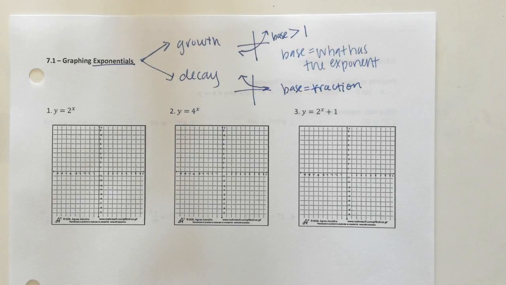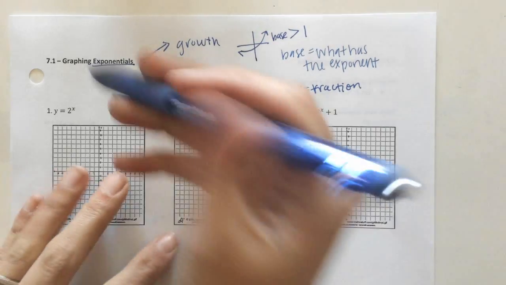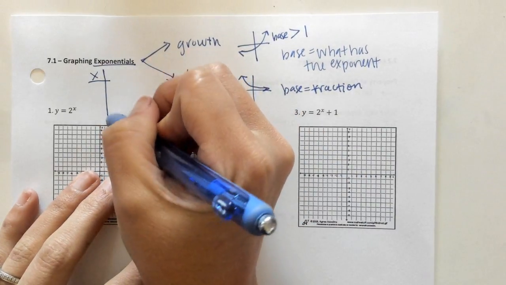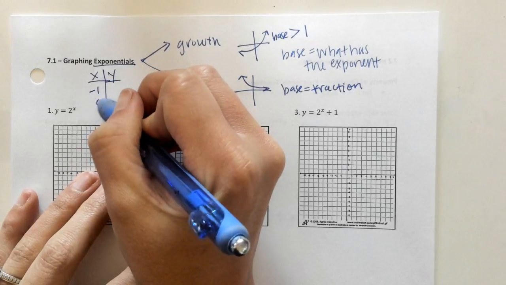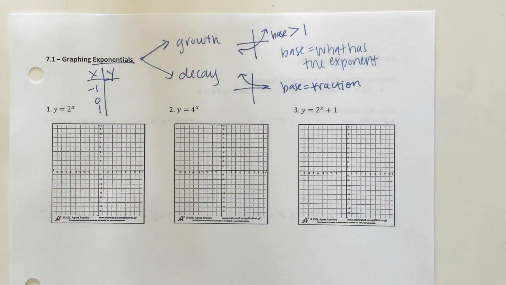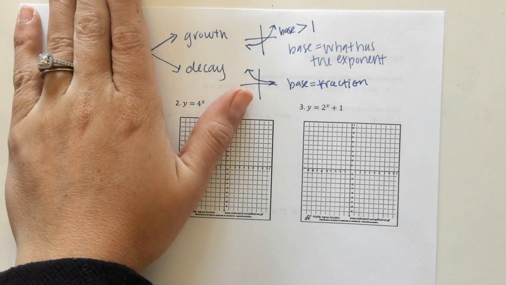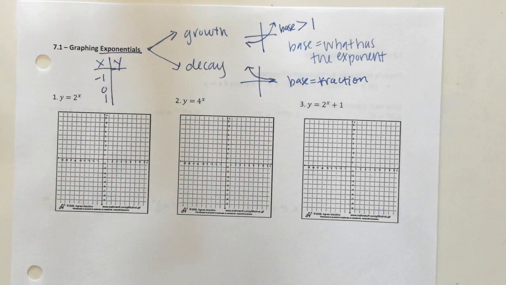Now, to graph exponentials, all you need is 3 points, and they're the exact same every single time. So you don't need a graphing calculator. You don't have to calculate anything. It's the exact same 3 every single time. And here they are. Your x values will always be -1, 0, 1. What are your x values always going to be? -1, 0, 1. Good.